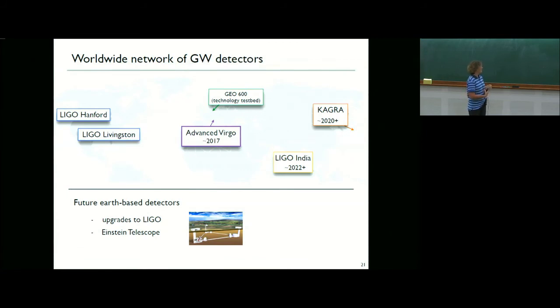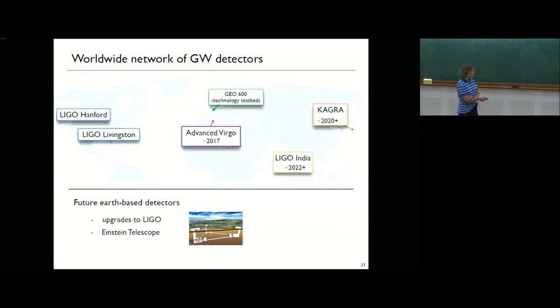Of course, it also improves detection confidence, and it can help estimating parameters, because the more detectors you have, if they have the same sensitivity, that would help. And if you want to measure some information from the polarization of the waves, for testing general relativity, this is quite important.